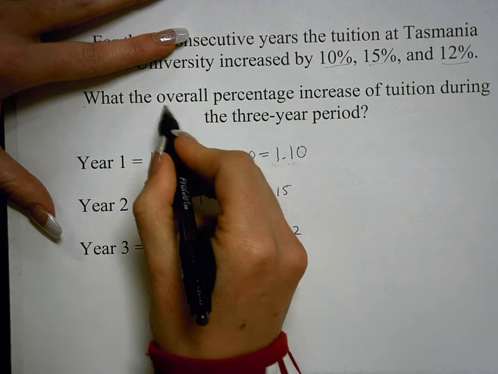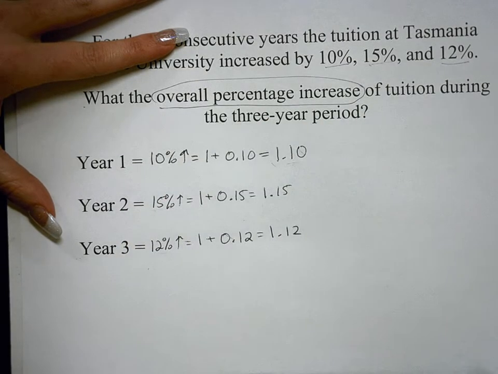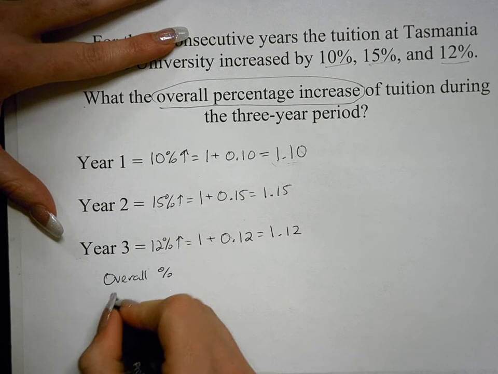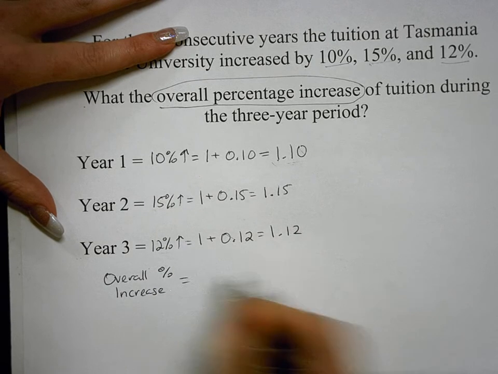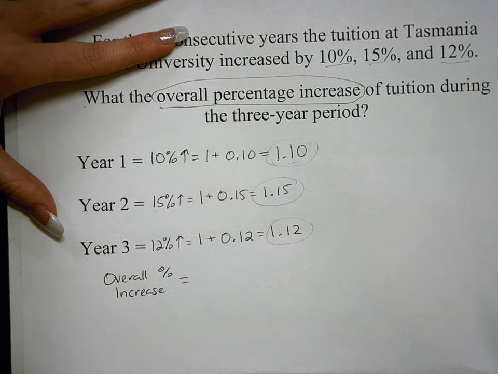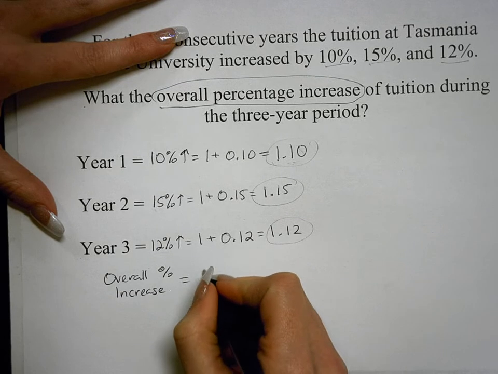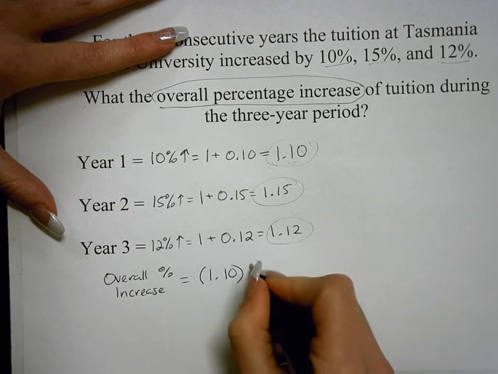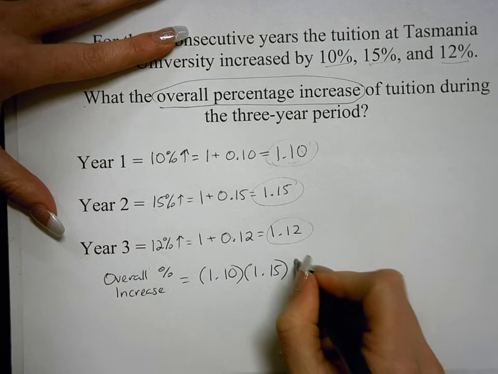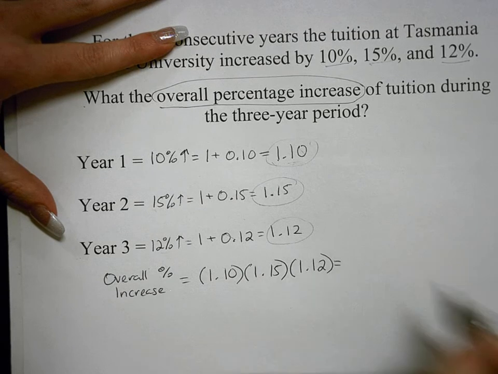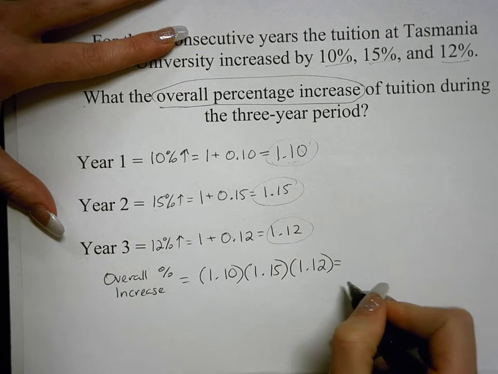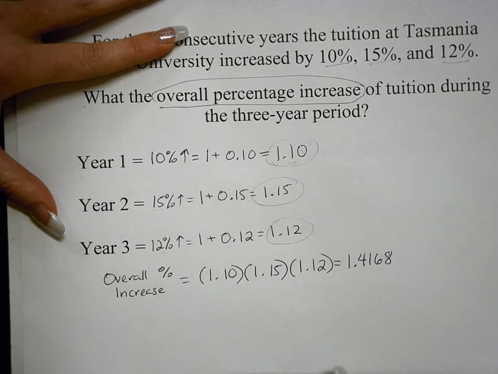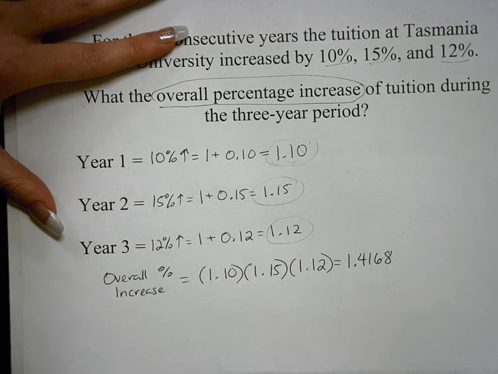Now when it's asking for the overall percentage increase of the tuition during the 3-year period, how you determine it is you take each one of these decimals and you just multiply them by each other. So we're going to go 1.1 or 1.10, same thing, multiplied by 1.15, multiplied by 1.12, and when we do the calculation in a calculator, we end up with 1.4168. Now the question is asking for the overall percentage increase.